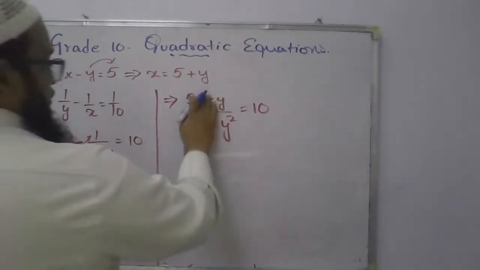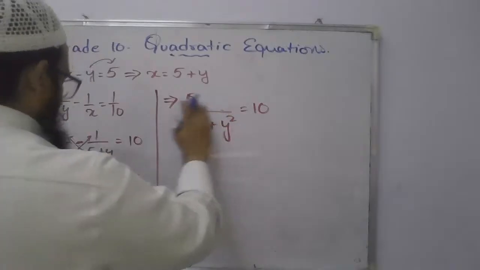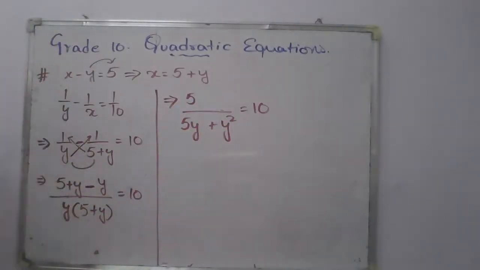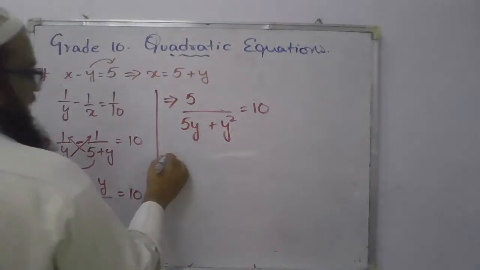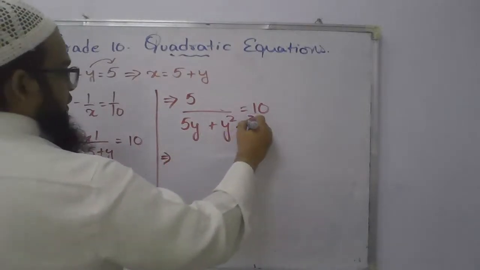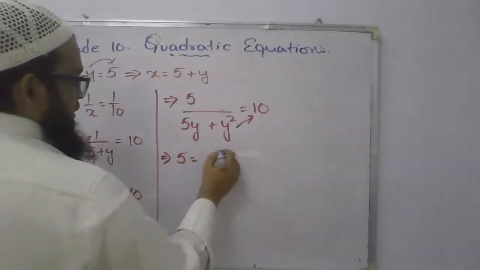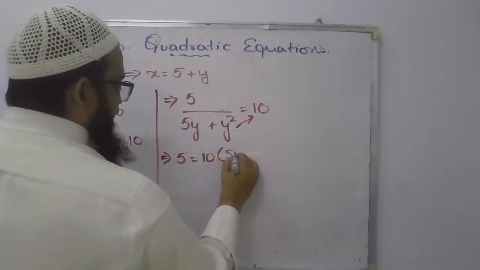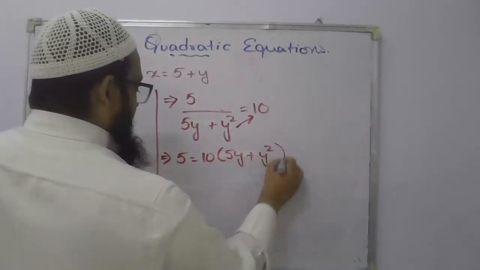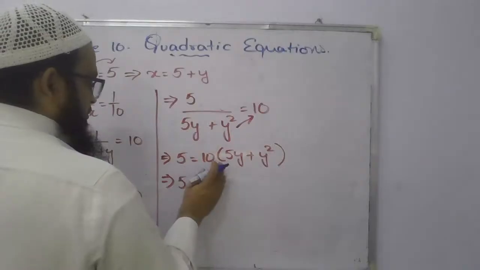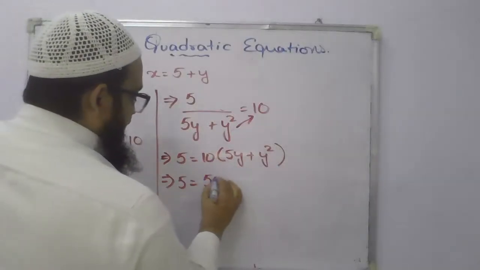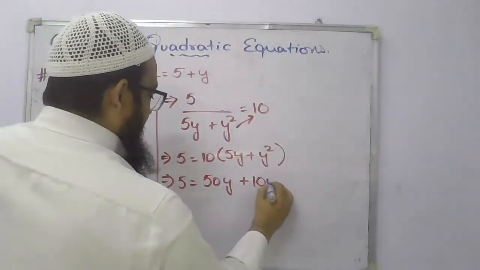So it will be y minus y, it is minus, right, my dear? You have been given the difference, yeah. So that implies, now transpose, 5 is equal to 10 times 5y plus y square. So that implies 5 is equal to 50y plus 10y square.